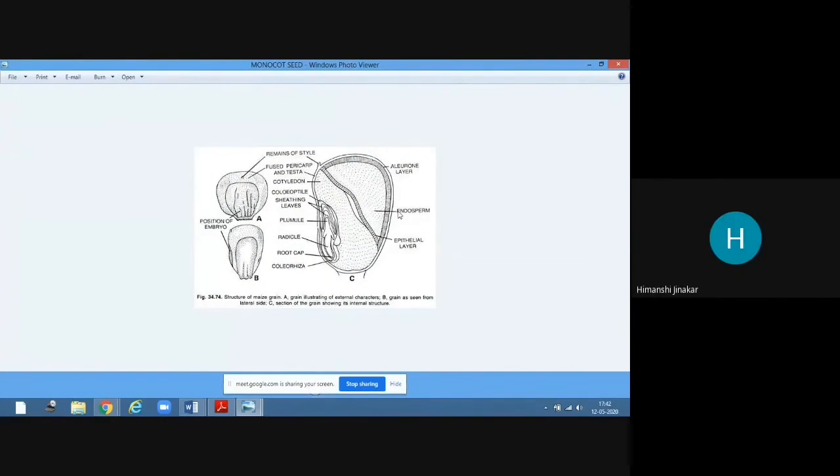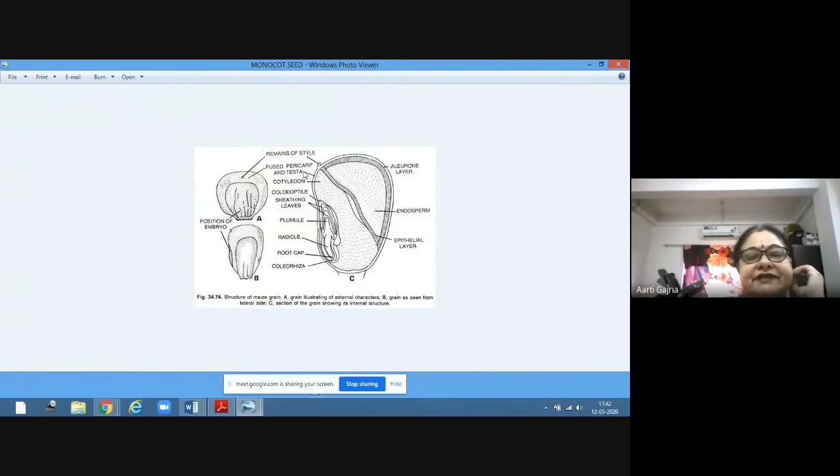This is monocot. For which seed is this? Maize. Maize is what? Monocot. So here you can see this is the seed. These are the seed coat, and this is the endosperm, and this is the layer. And here you can find the embryo.